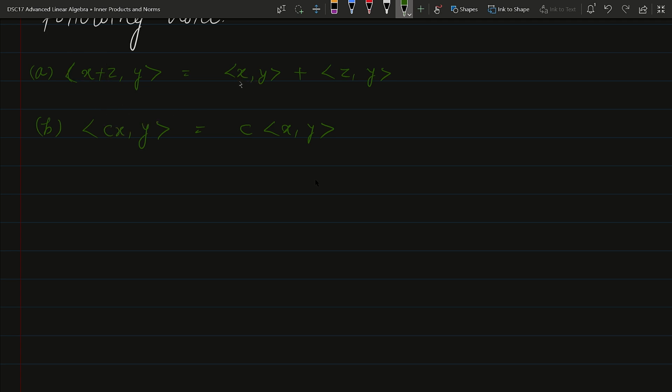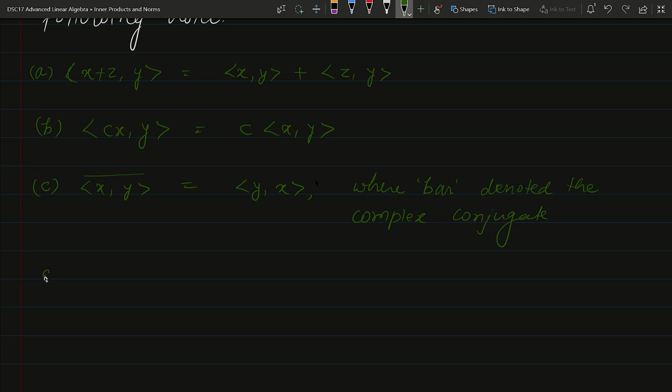Then third condition is that x comma y conjugate, this is complex conjugate, is same as y comma x, where bar denotes the complex conjugate.